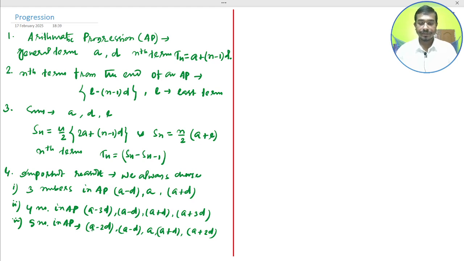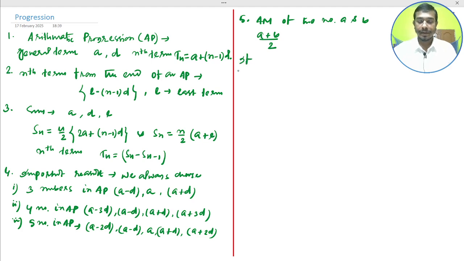So next, arithmetic mean of 2 numbers A and B. The AM of 2 numbers A and B would become A plus B divided by 2.